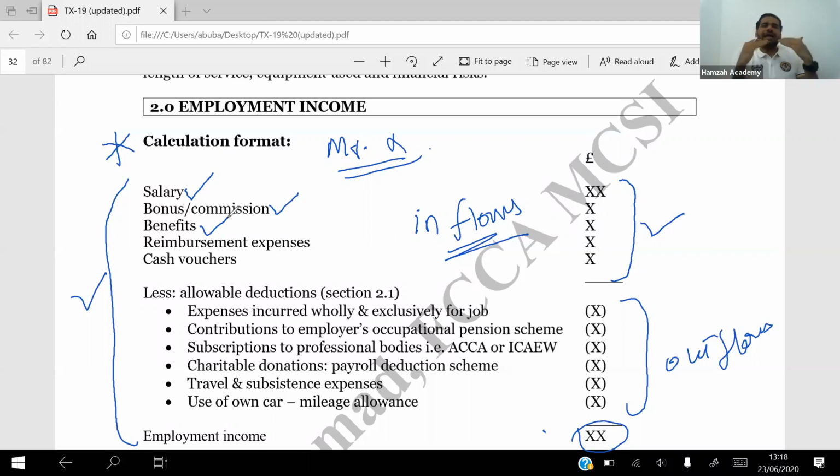Now, why are we adding up these benefits? Why are we adding all these things to salary, bonuses and commissions? A benefit is a benefit when it is provided for the personal private use of that person. So if the car was provided to Mr. X to do his routine job, that is not a benefit for him.